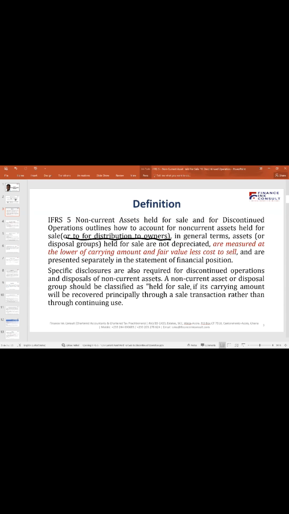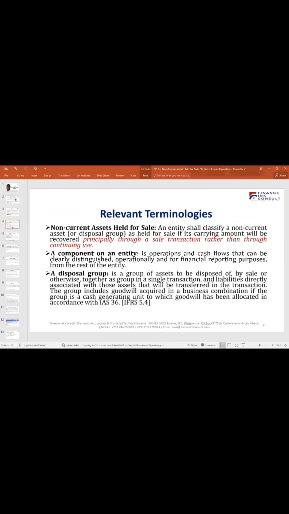Held for sale. So this is the name you would see in the balance sheet. So you either see held for sale or you see disposal group. This is because the carrying amount can be recovered principally through a sale transaction rather than from continuing use. Relevant terminologies. So I think we've spoken about this already. Let's look at disposal group and let's continue.